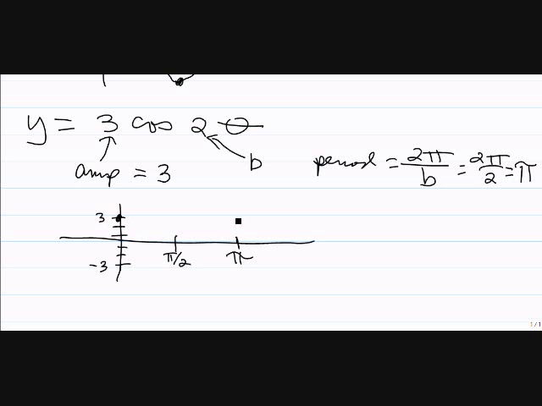Ends at its maximum of 3. Midway hits its minimum and is on the horizontal axis at the quarter points. So there we've got one cycle of 3 times the cosine of 2 theta. If we had to graph another cycle, we'd go all the way out to 2 pi.